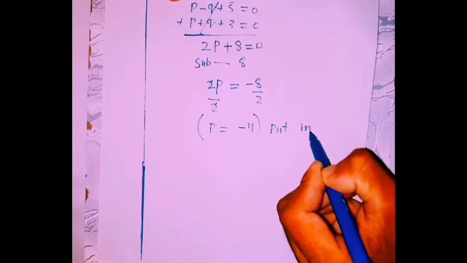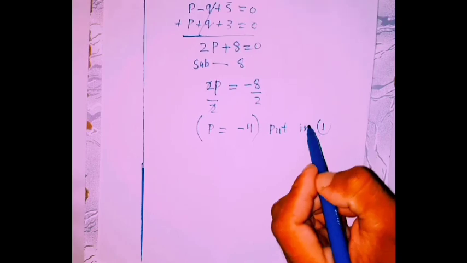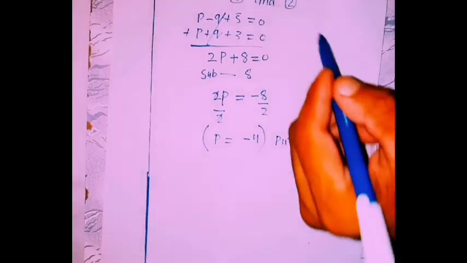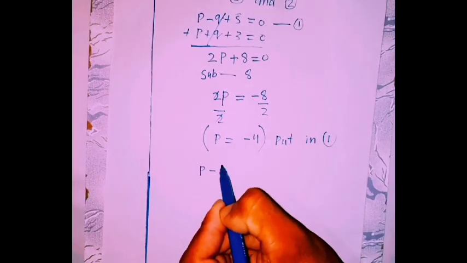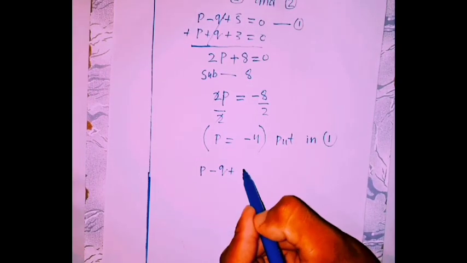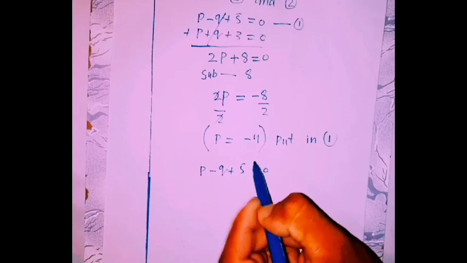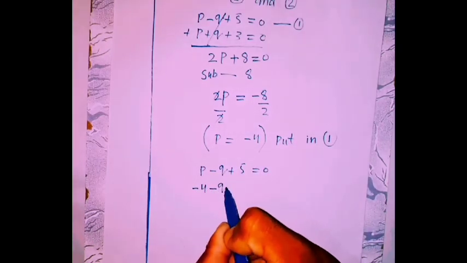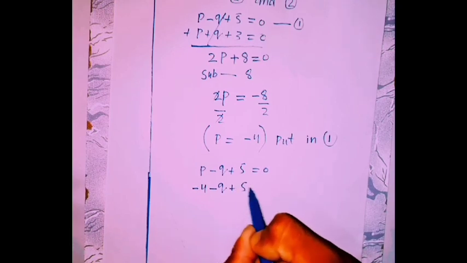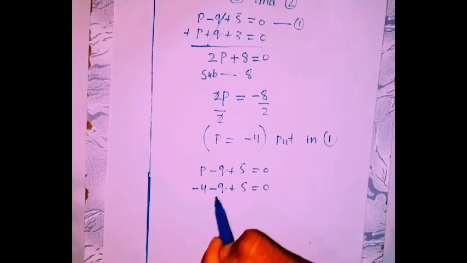Now put the value of p in equation 1. So if we put the value of p, which is minus 4, in p minus q plus 5 is equal to 0, now replace p by minus 4. So minus 4 minus q plus 5 is equal to 0.